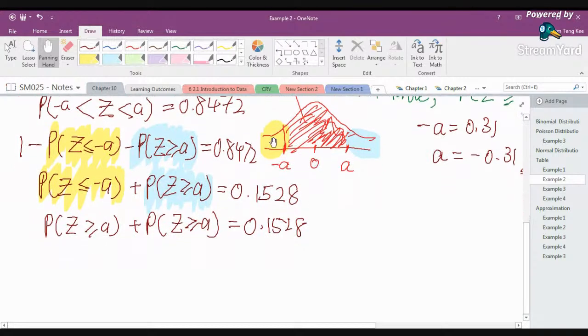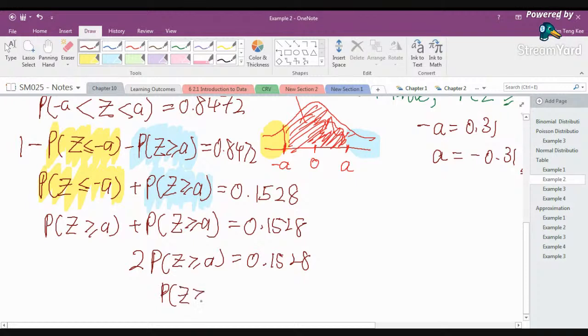Again, the regions in yellow and blue have equivalent probabilities, or equal area. So I can convert P of Z less than or equal to negative A to P of Z greater than or equal to A. From there, it will be 2 times P of Z greater than or equal to A equals 0.1528.